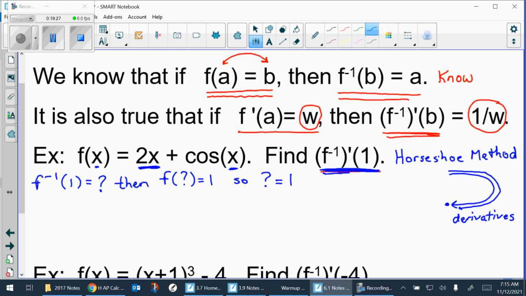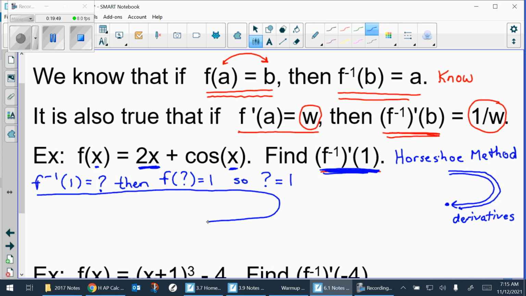So although I've got to answer a question about the derivative, I didn't start by attacking the derivative. I dealt with the inverse and the function, figured out what question mark is, and now we're coming back around.